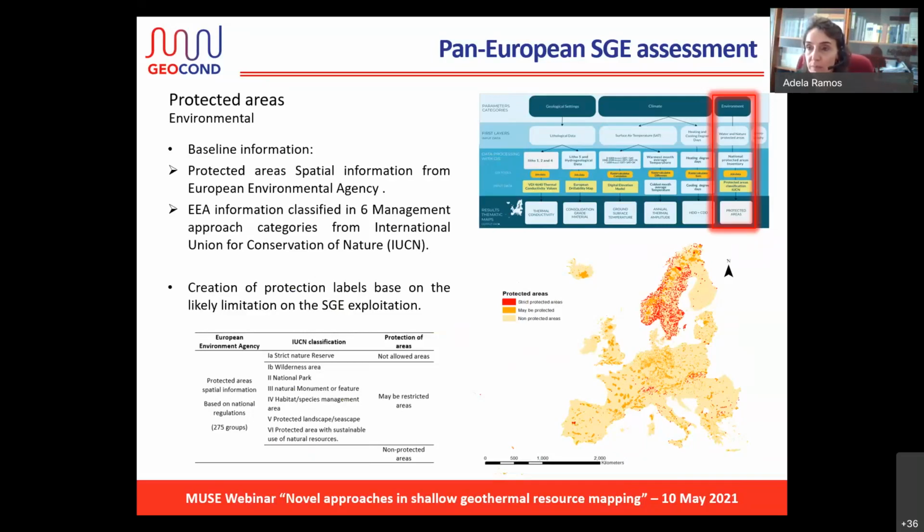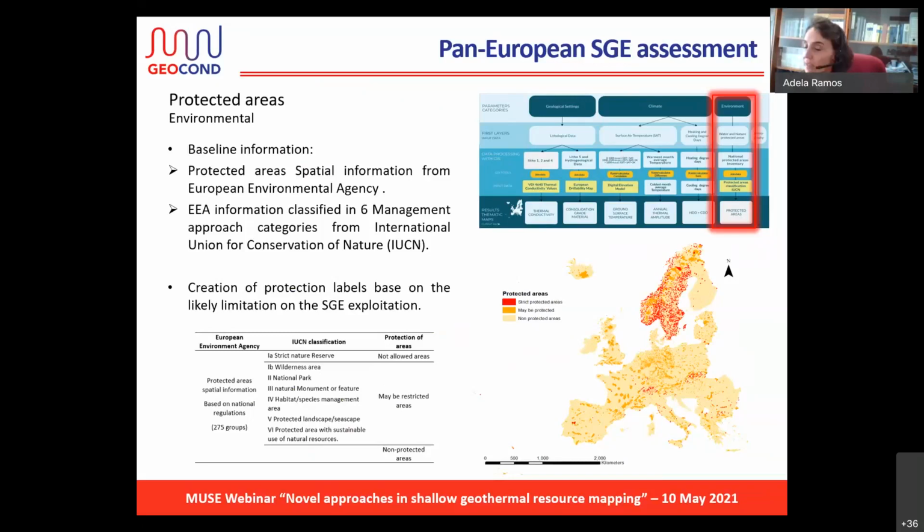So in step 1, the spatial information of the protected areas was collected from the European Environmental Agency. This information was directly provided in this layer and contained information over superficial water and nature protected according to national legislation among the different European countries.